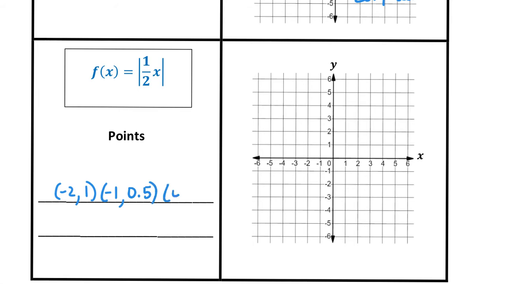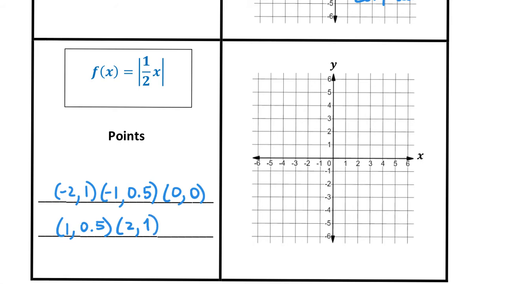Then I'm going to plug in 0. 0 times 1/2 is 0. Then plug in 1. 1 times 1/2 is 1/2. The absolute value of 1/2 is 1/2, so that's 0.5. And then 2 times 1/2 is 2/2, which is 1. The absolute value of 1 is 1.